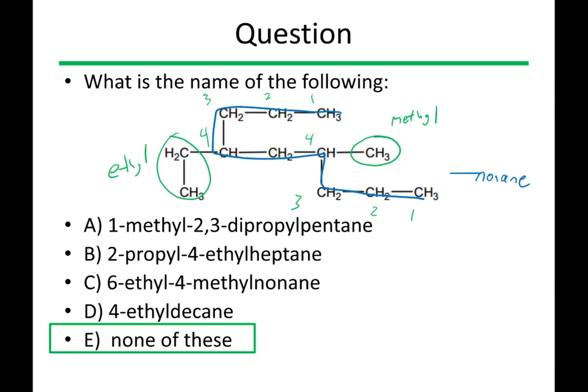So we have a tie for the first position. We're going to favor the heavier chain, and this is what's coming first too, because alphabetically it begins with an E. So this will be 4-ethyl, and that would make this 6-methyl. So for the full name, this would be 4-ethyl-6-methylnonane.